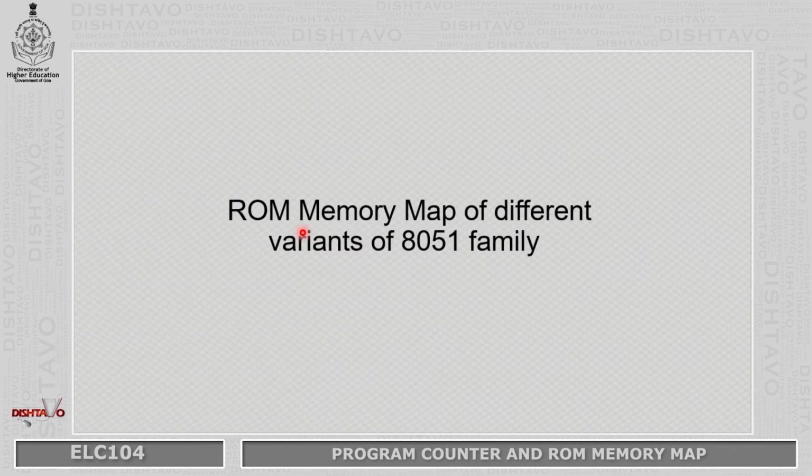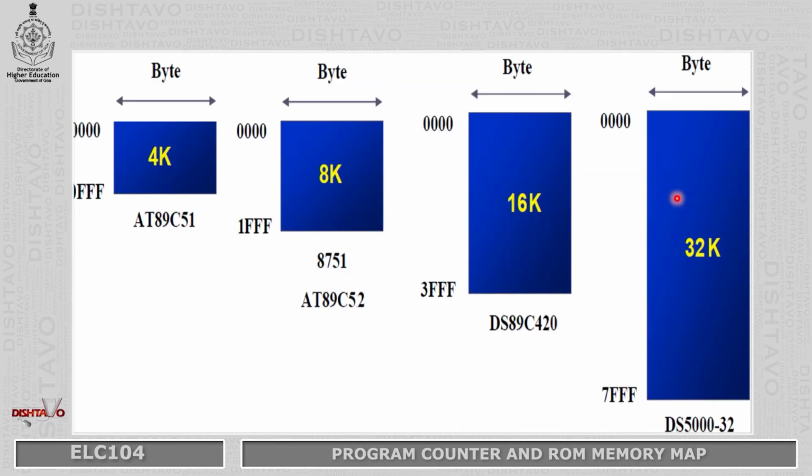So then we'll see the ROM memory map of different variants of 8051. So it goes like this. We get the basic flavor, that is 89C51, which has 4 kilobytes of ROM. Then we have 89C52, which has 8 kilobytes. Then we have microcontrollers from Dallas Semiconductor.